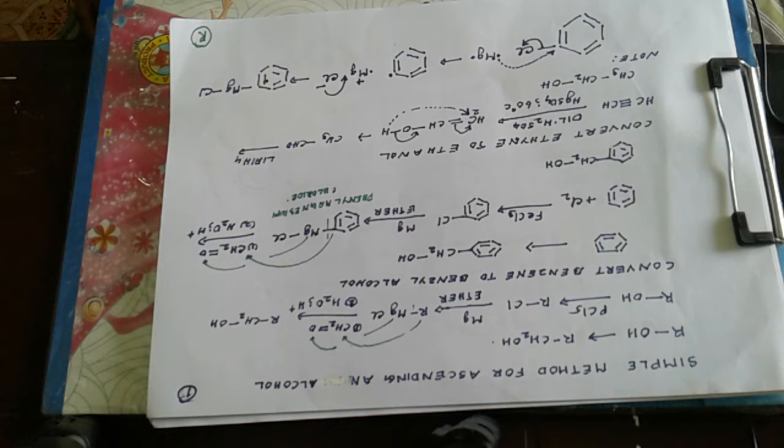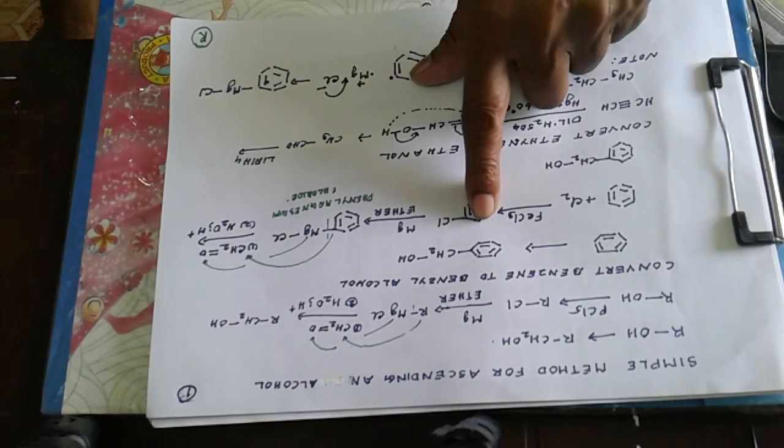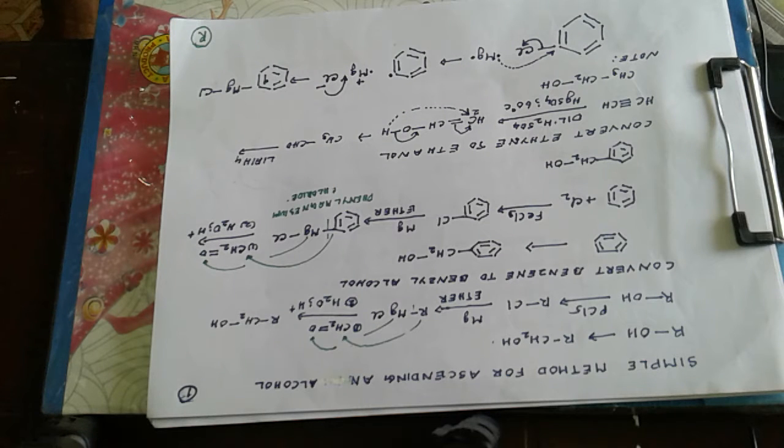Now chlorobenzene, we know, is a resonance hybrid, and we have seen that the carbon to chlorine bond has double bond character. And how does this chlorine break away from the benzene ring to incorporate a magnesium atom directly bonded to the ring?